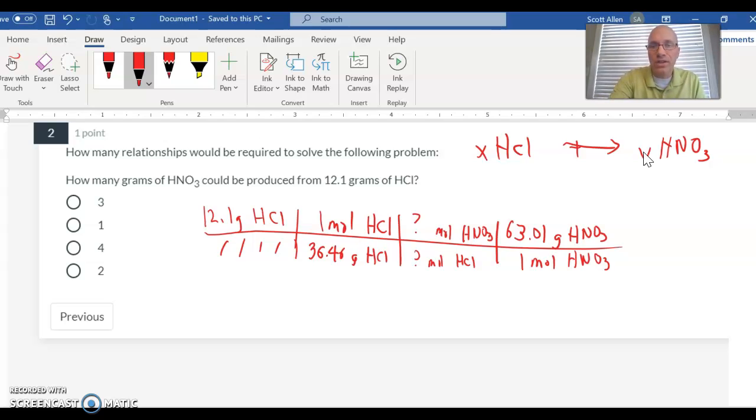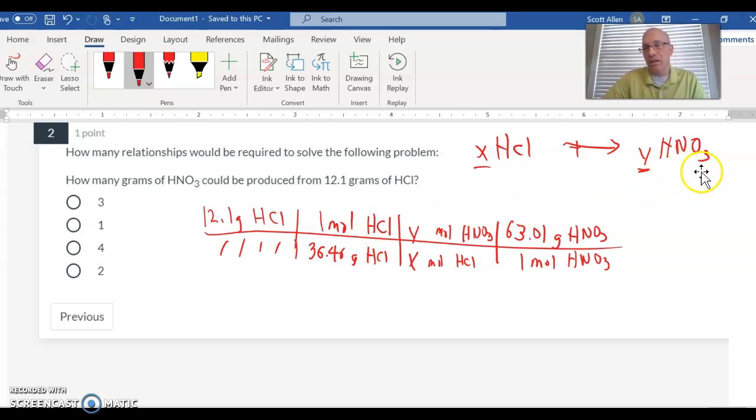In the question, it starts you off with grams of HCl. We know that we're going to need to turn that into moles, because when we do the mole-to-mole comparison, that's what we're going to need. Whatever that coefficient is, there would be X moles of that and Y moles of this.